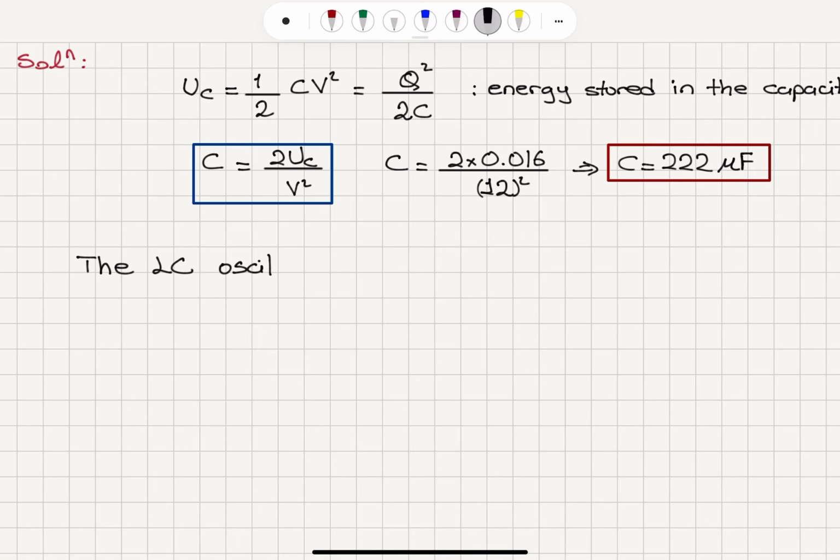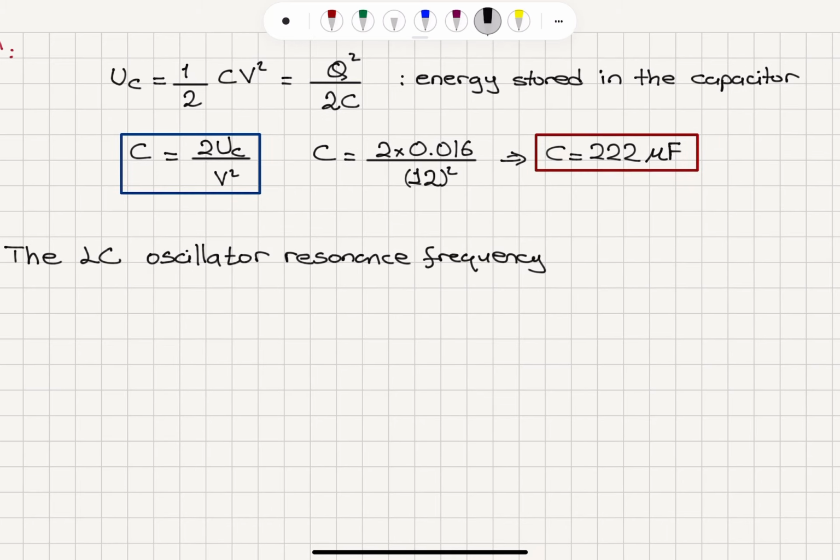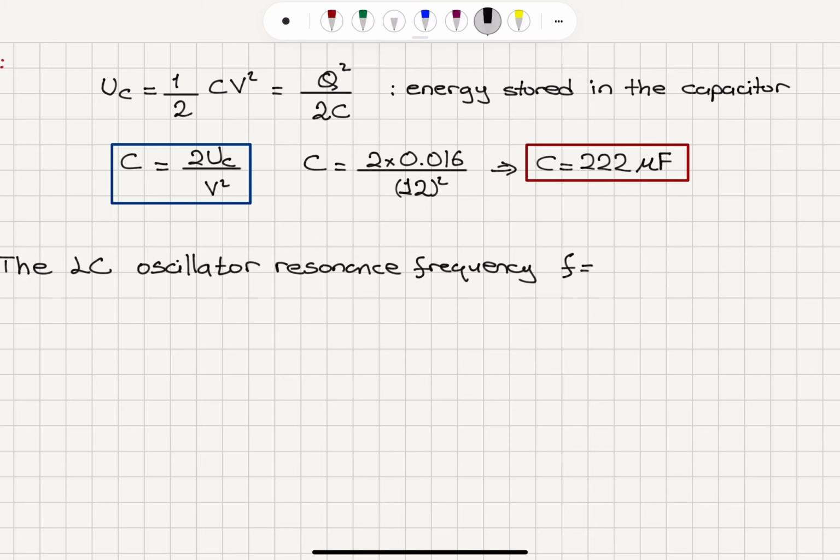If we have an LC oscillator, the resonance frequency F is 1 over 2 pi times 1 over square root LC. Omega is 1 over square root LC, which is 2 pi F, so F is 1 over 2 pi square root LC.